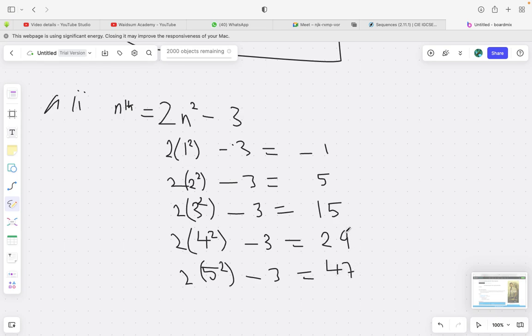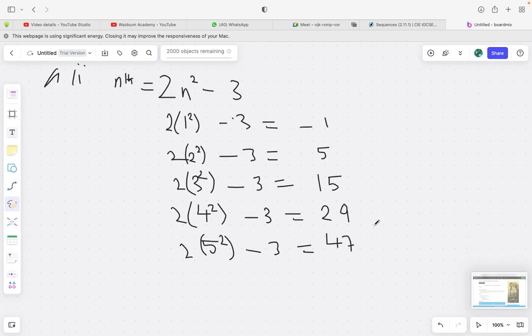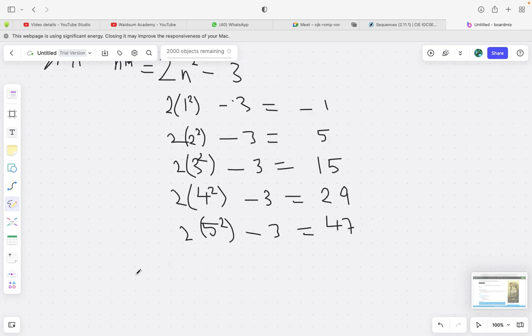So let's write out the sequence: negative 1, comma, 5, comma, 15, comma, 29, and 47.